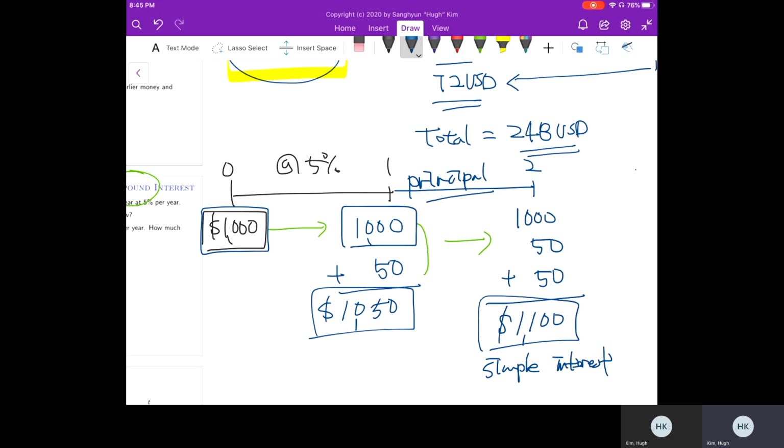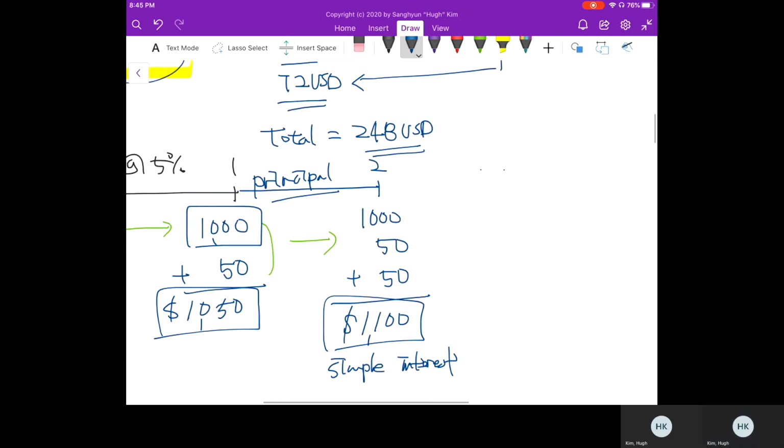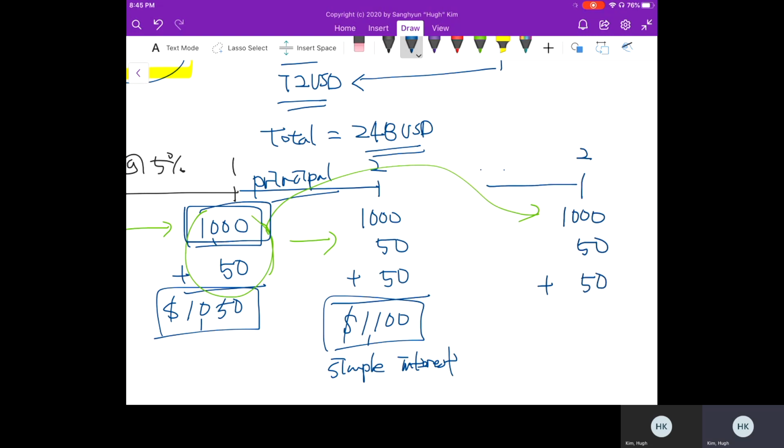But if you use compound interest, in year 2, you still have $1,000 and $50 from the previous year. Plus you earn interest on your principal, so you earn $50. In addition to that, you earn interest on interest.